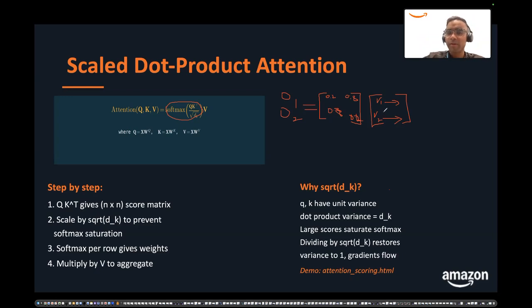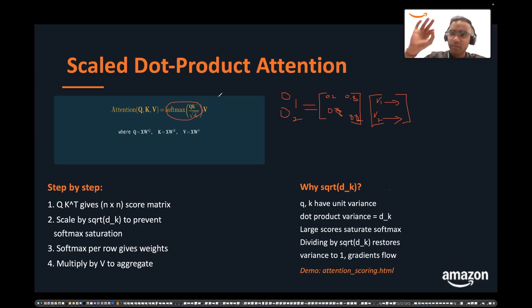I wanted a weighted average of value vectors, and I'm getting it using a matrix multiplication. This whole process can be parallelized, only the softmax is in between. How to get rid of this softmax has been part of recent research for making the attention process most efficient for modern LLMs.